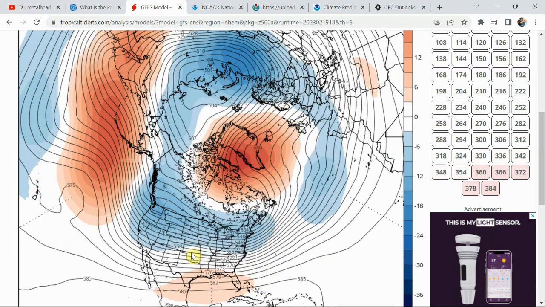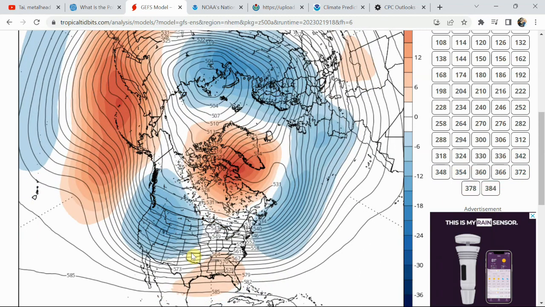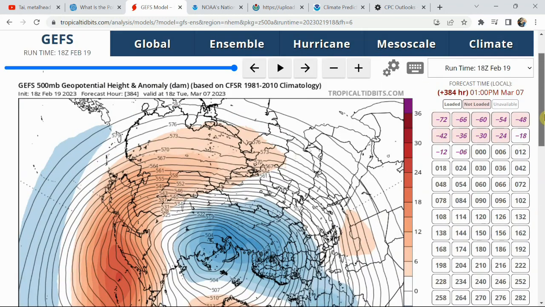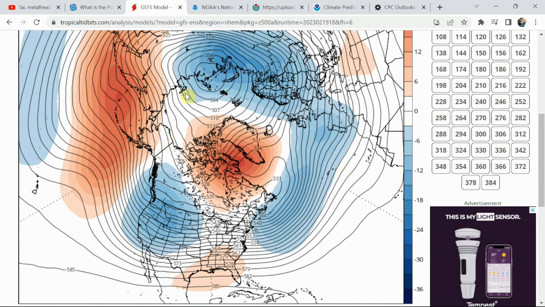So here is another piece of that air from the polar vortex coming in, and this will start to affect the eastern half of the country towards the end of this model run, and this is heading into the first week of March. We can start to see eventually a chance for some stability developing towards maybe the middle of March, but considering how far out we are in this model run, it's more or less hearsay at this point.